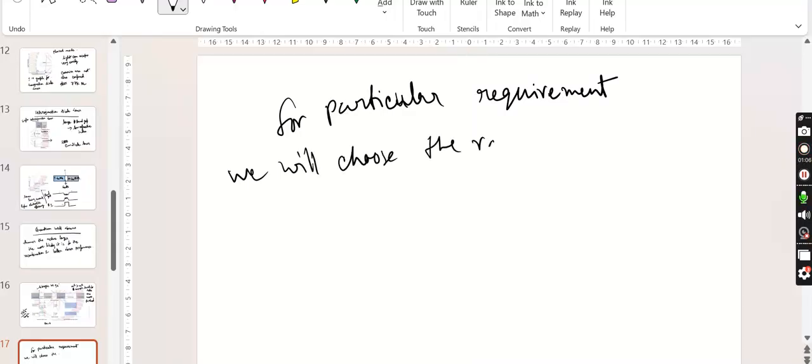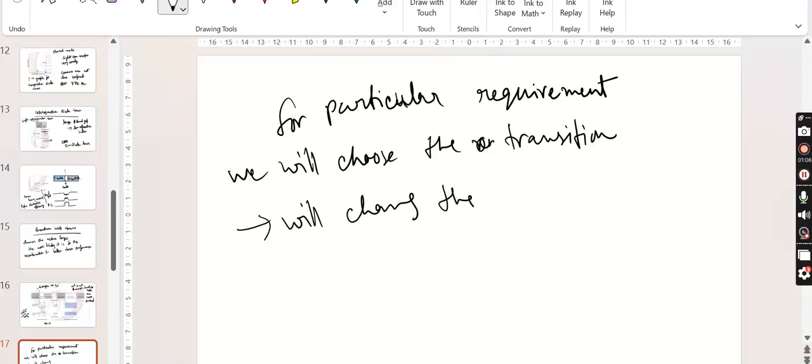So for the transition, we'll change the L accordingly. As for reducing L, the energy levels move away from each other, while increasing L, the levels approach each other.